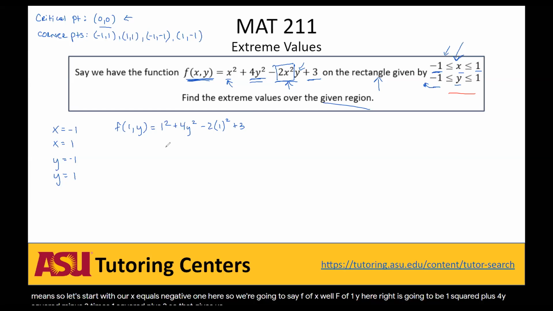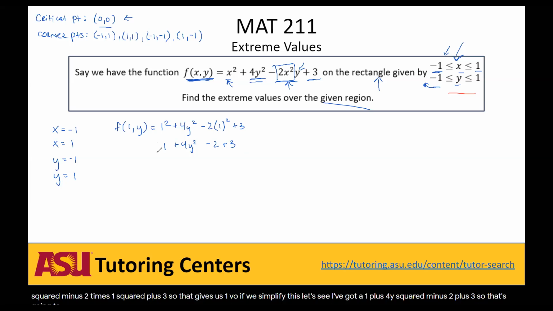So that gives us 1. So if we simplify this, we've got a 1 plus 4y squared minus 2 plus 3. So that's going to equal 4y squared plus 2.